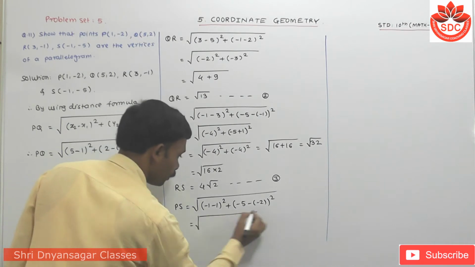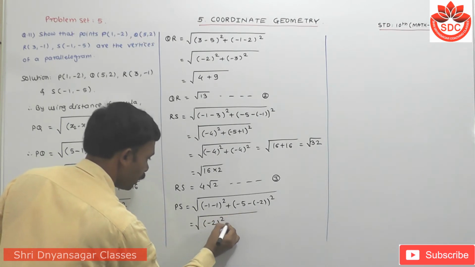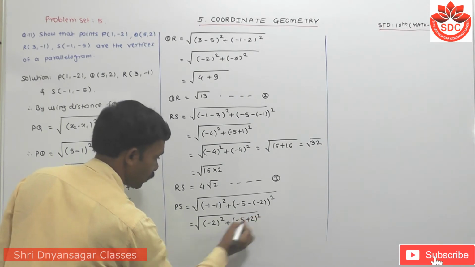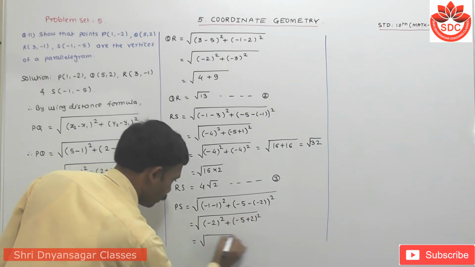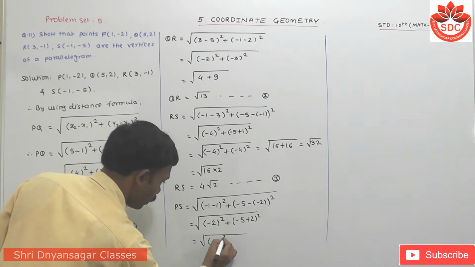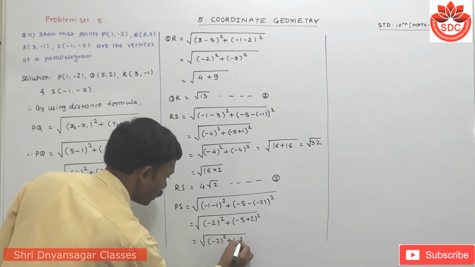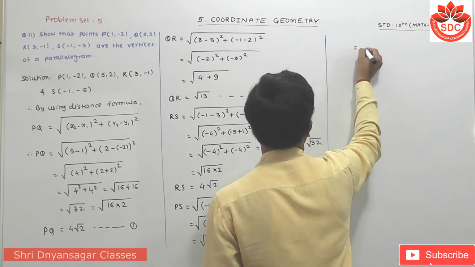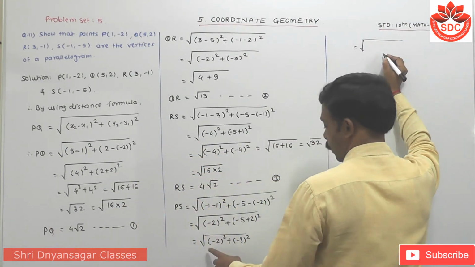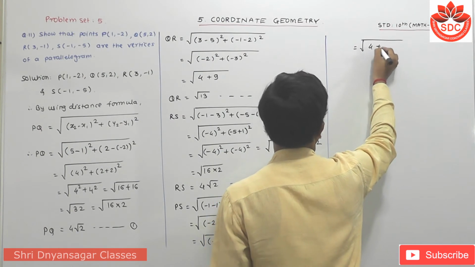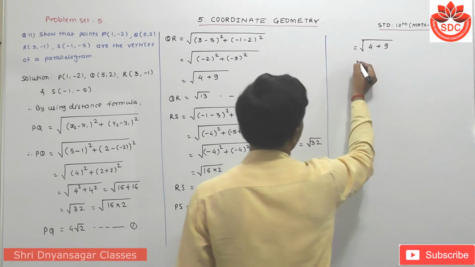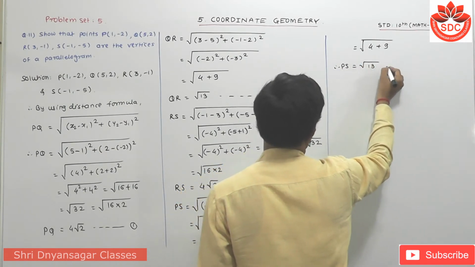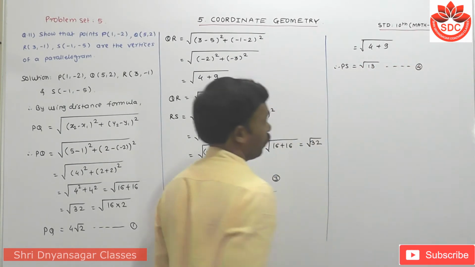This value becomes minus 2 square plus minus 3 square. Minus 2 square is 4, plus minus 3 square is 9. This addition gives PS equal to root of 13. Suppose this is equation number 4.